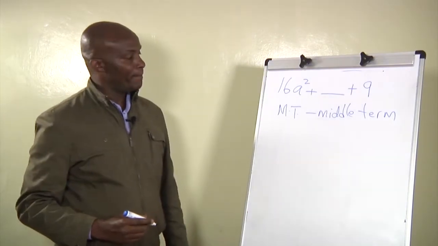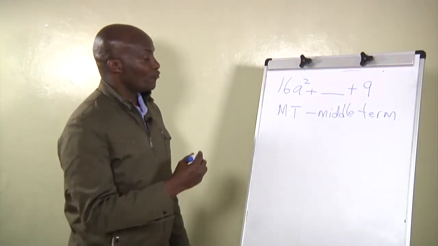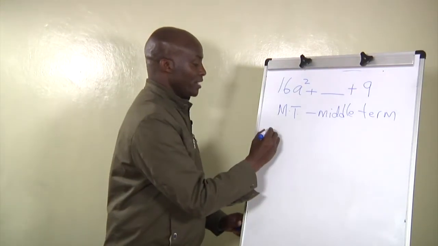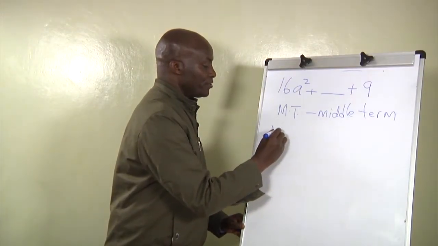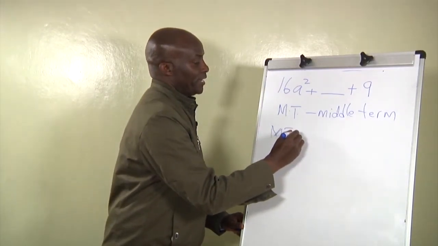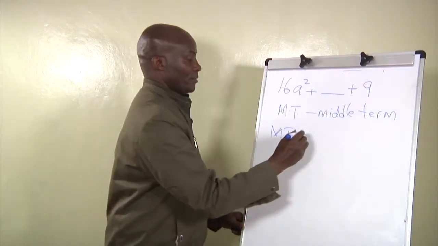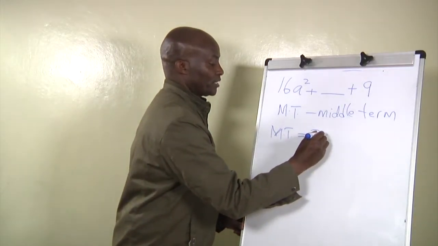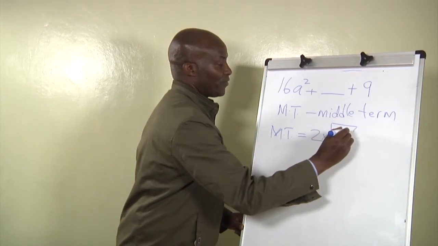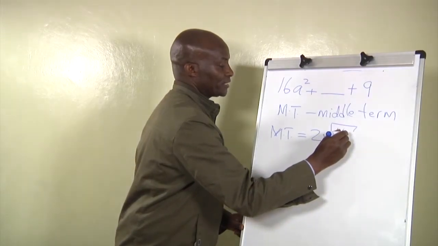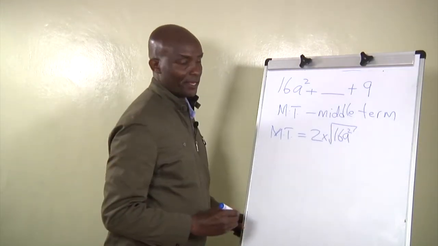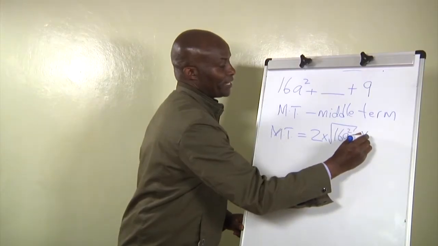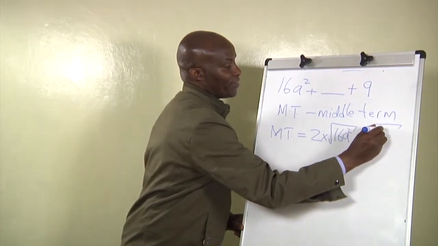For a perfect square, we said that the middle term is equal to 2 times the square root of the first term, which is 16a squared, multiplied by the square root of the third term.